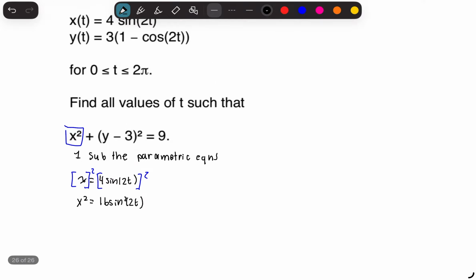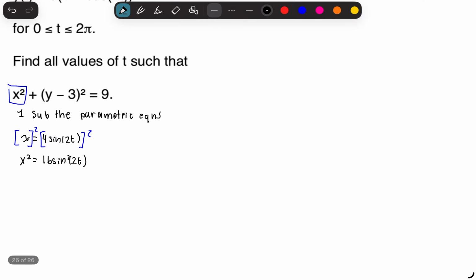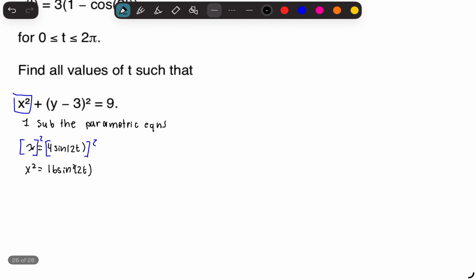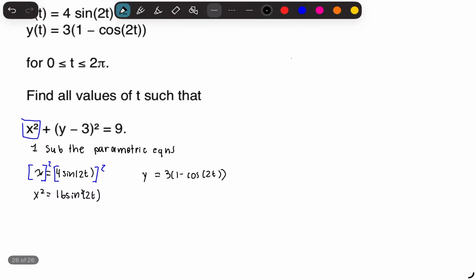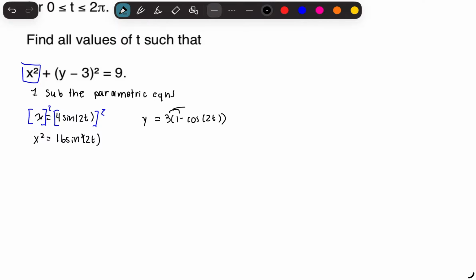Now we have to do the same for y of t. Y of t, we have 3 times (1 minus cosine 2t). Now what we can do here is we can distribute. We get 3 minus 3 cosine 2t.